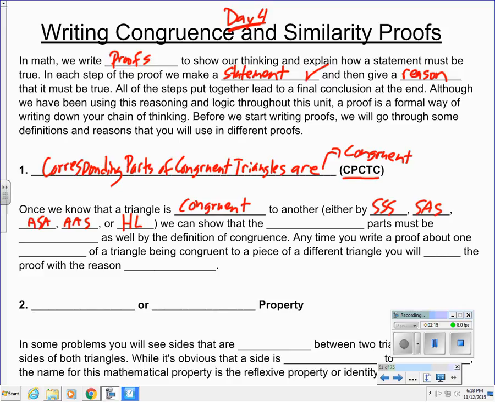Once we see they're congruent by checking those three parts, we know the remaining parts of the triangle have to be congruent also. The remaining parts have to be congruent as well, because they correspond to something on the other triangle, and we know the whole triangles are congruent.